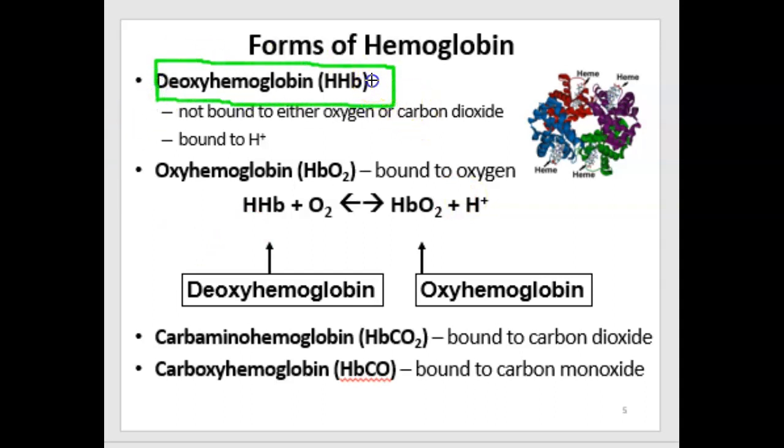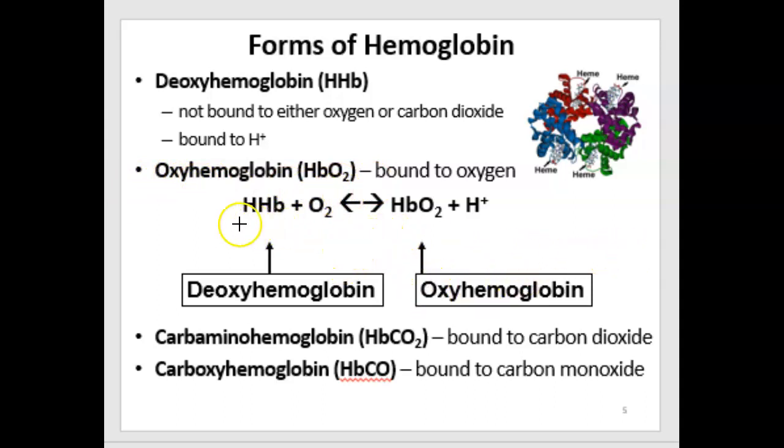You could call its molecular formula HHb, H for a hydrogen ion, because that's what it's bound to, and Hb for the hemoglobin. So deoxyhemoglobin is the form of hemoglobin not bound to either gas. Instead, it's bound to a hydrogen ion. Oxyhemoglobin, on the other hand, is hemoglobin that is bound to oxygen.